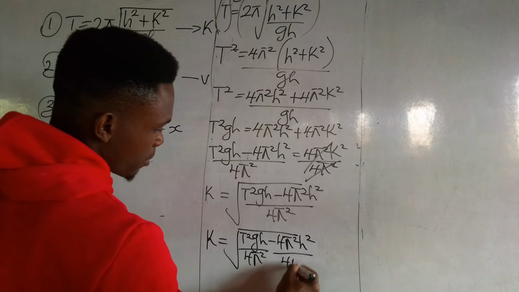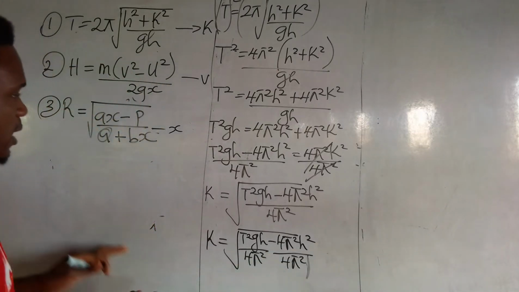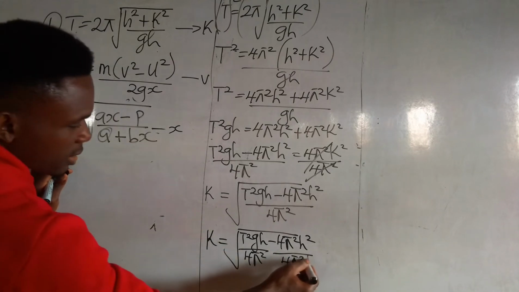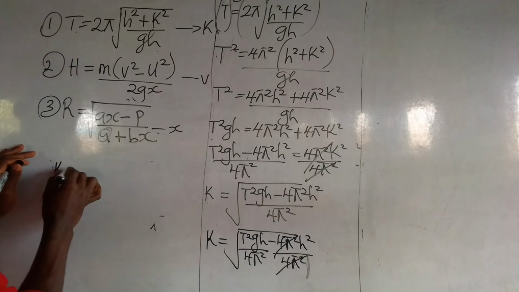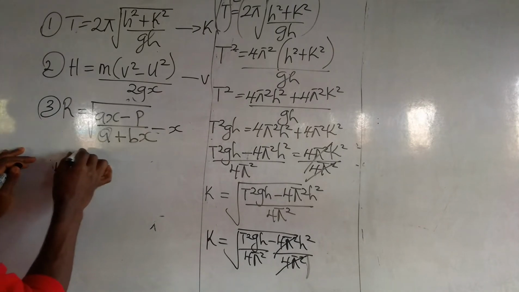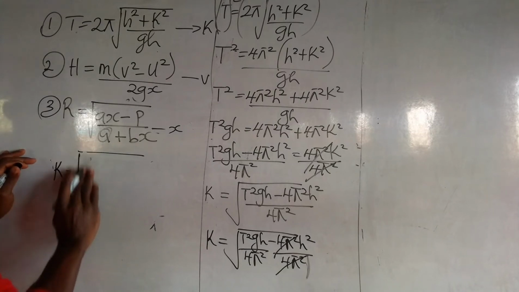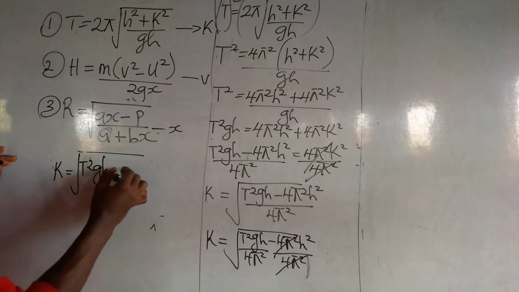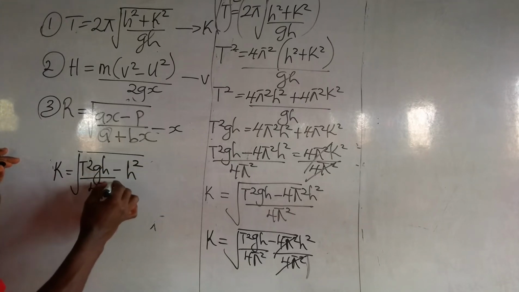Now after doing this, this will go into this. You now have that k equals big root h squared, big root T squared gh minus h squared over 4 pi squared.